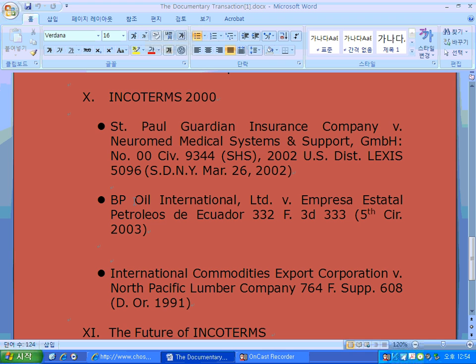And in the last case, your focus should be on this case highlight. The burden is on the buyer to establish any nonconformity of the goods to the contract, once the goods have been accepted. And under a CNF shipment contract, the buyer assumes the risk of loss of the goods while in transit and after delivery at the port of destination.